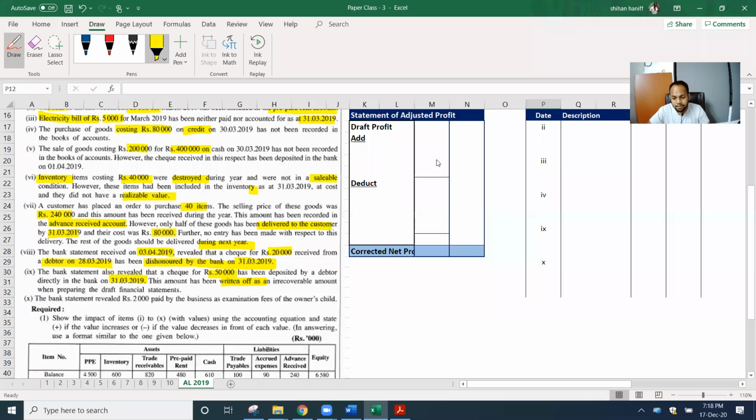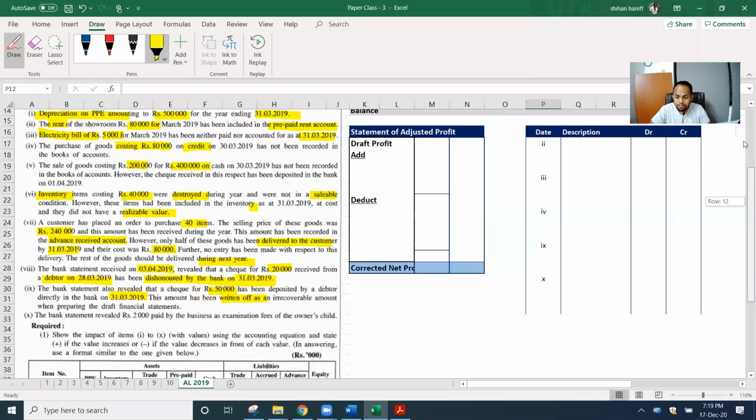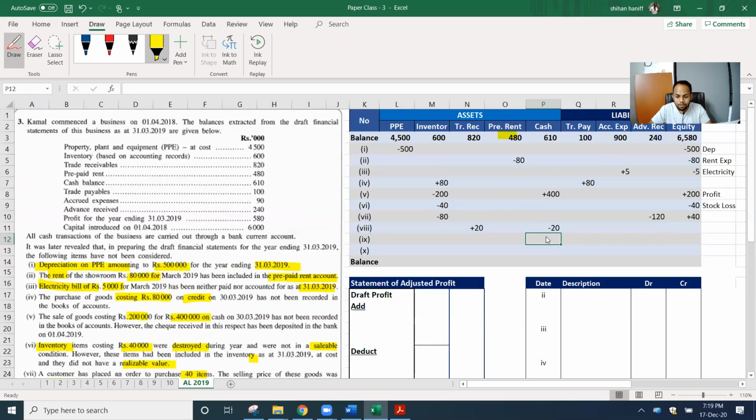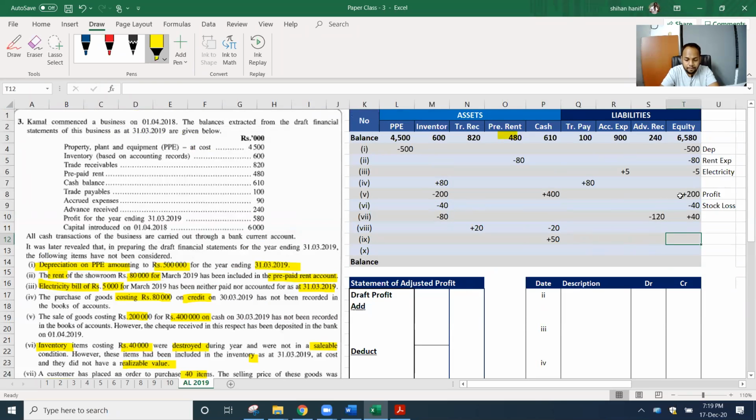So the entries for this are, we get cash, cash will increase by 50,000, and this will increase the equity by 50,000.